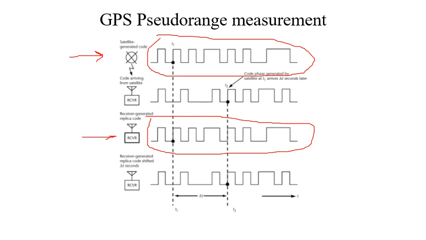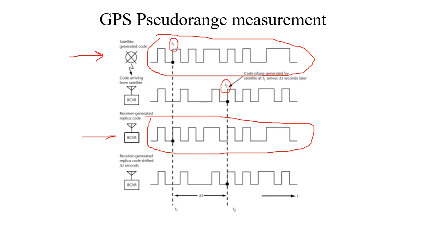So if you look at the highs and lows of the signals, you see that they match together. The satellite sends the signal at T1, for example, and the receiver gets this signal at a later time, of course, at T2. So at T2 it will be captured by the receiver.